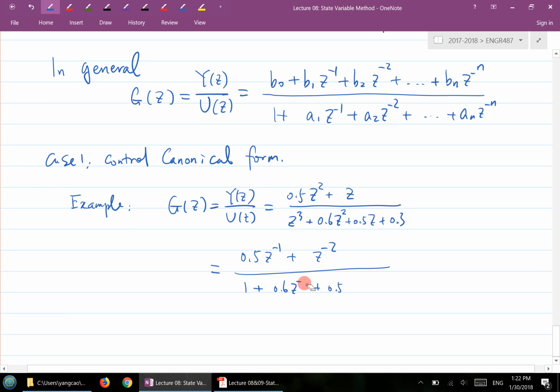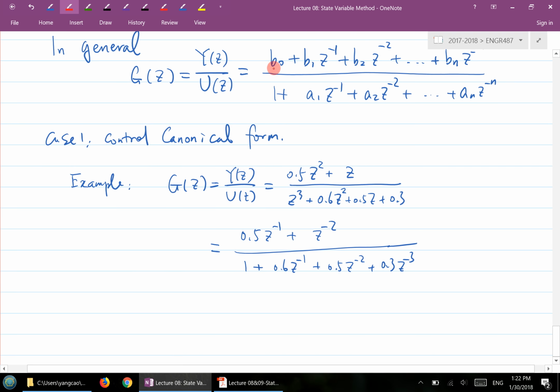Okay, that's now in the general format. So if I compare this one with the general format here, what's the B naught value in this case? That's right, B naught is 0, and this is your B1, B2. At the bottom, this is your A1, A2, and A3.